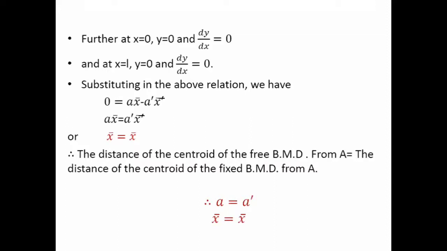Next, one more boundary condition we need to substitute. The first boundary condition we have substituted is that at x equal to 0 and at x equal to L, the slope is 0. Another boundary condition is that at x equal to L as well as x equal to 0, the deflection, the vertical deflection, is also 0. Why?